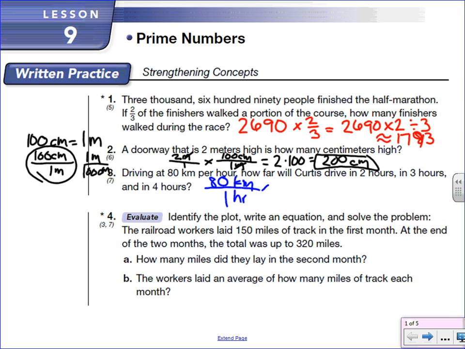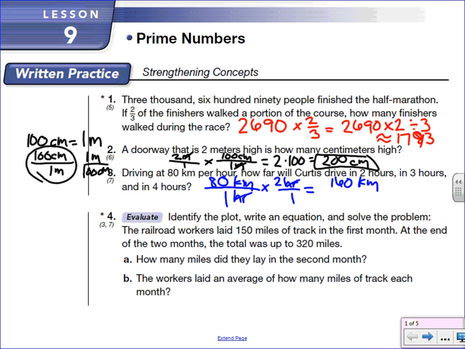Hours are on the top, so then I would multiply here. 80 times 2 would give me 160 kilometers, since hours will cancel.